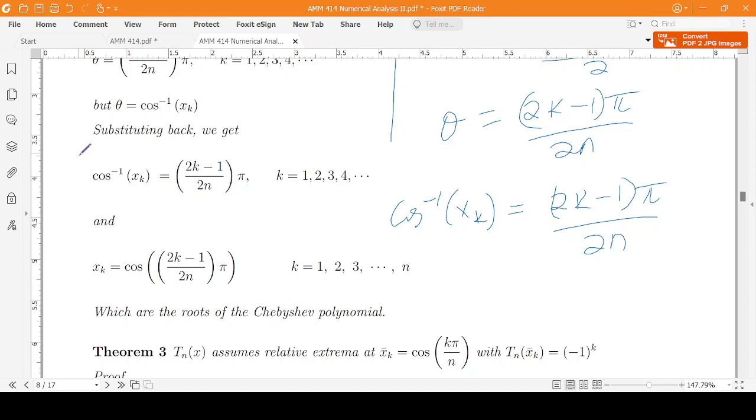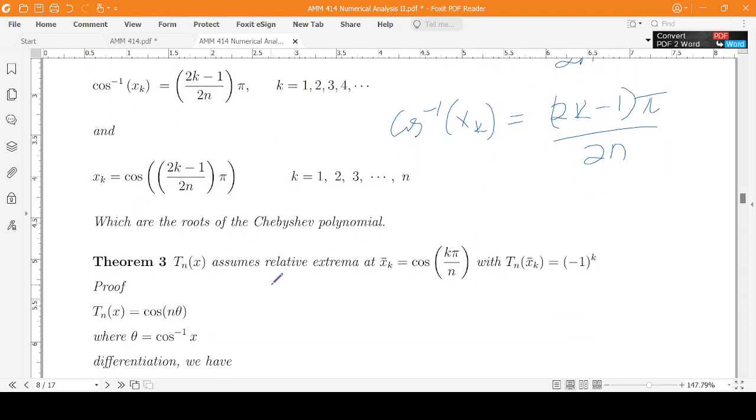This expression here. And now what is xk? Xk therefore becomes the cosine of (2k minus 1) over 2n times pi, with k taking the values 1, 2, 3, and so on up to n. So these are the roots of the Chebyshev polynomial.